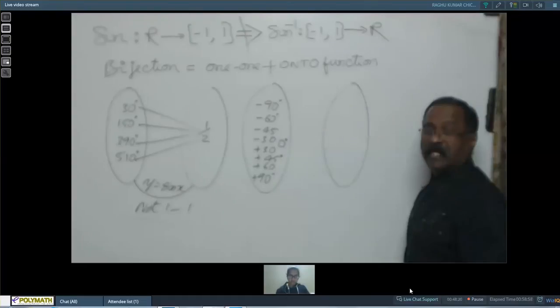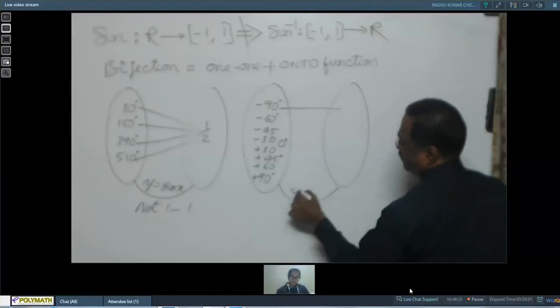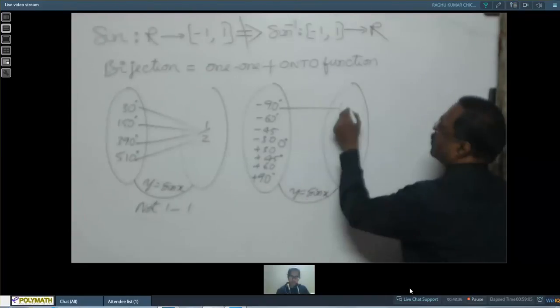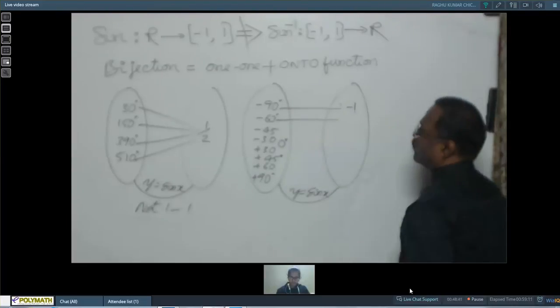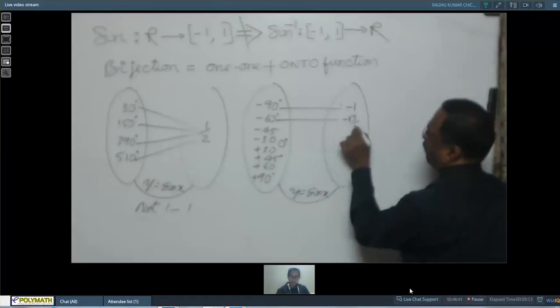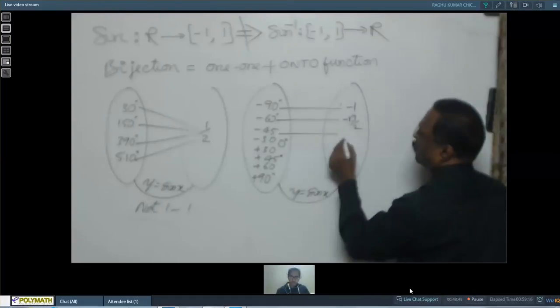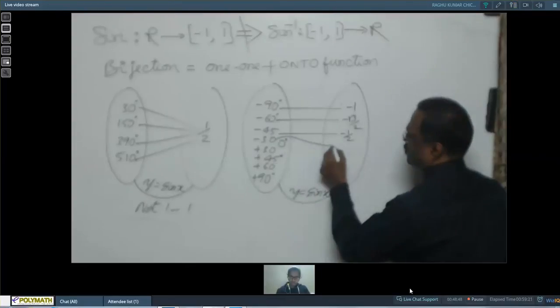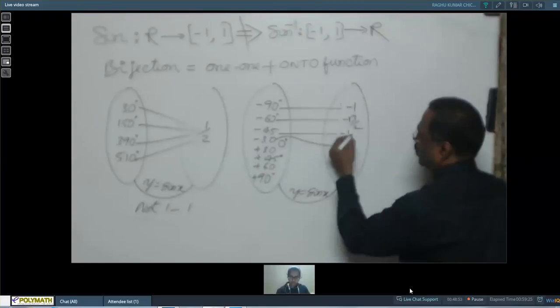When you take sine x, sine of minus 90 is mapping to what? Minus 1. Sine of minus 60, minus root 3 by 2. Sine of minus 45, minus 1 by root 2. Sine of minus 30, minus 1 by 2.